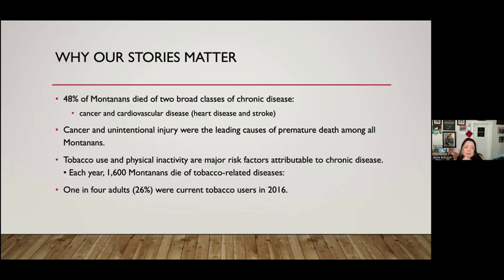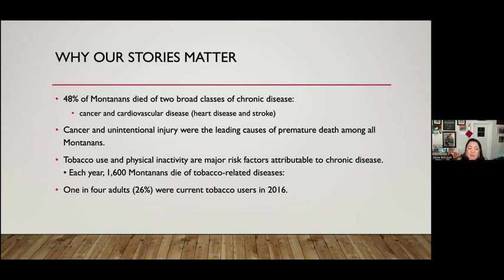So these are the leading causes of premature death, including unintentional injury. And what that includes is, as you all know, motor vehicle accidents or ranching accidents, or you name it. There's a lot of things in Montana that we can get in trouble with if we're in a rural area and are not close to a hospital. So those things are important.